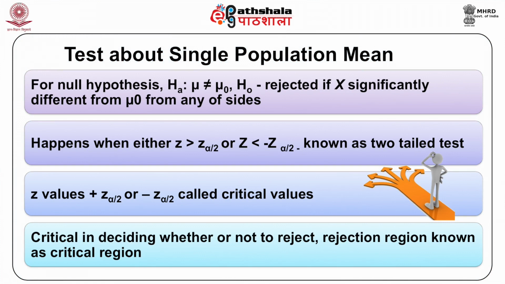This happens when either Z is greater than Z alpha by 2 or Z is less than minus Z alpha by 2. This is known as the two-tailed test. The Z values plus Z alpha by 2 or minus Z alpha by 2 are called the critical values as they are critical in deciding whether or not to reject. For this reason, the rejection region is also known as the critical region.